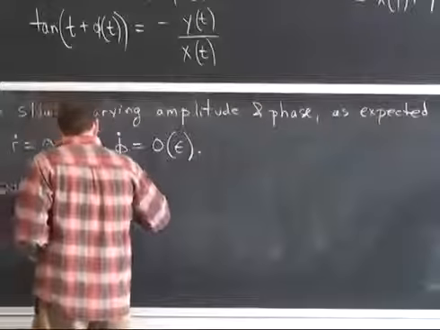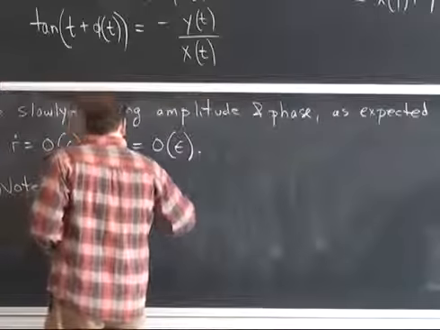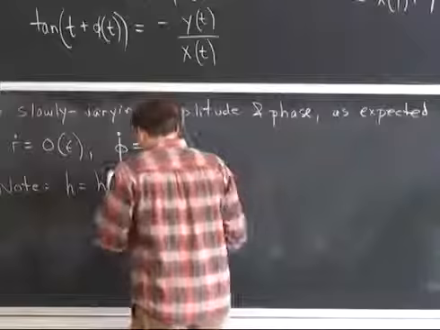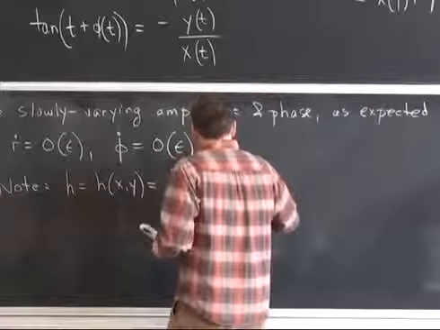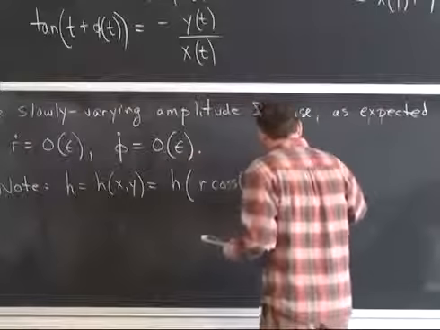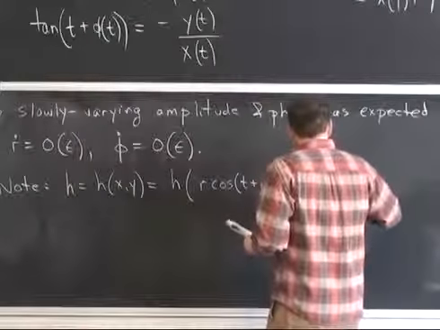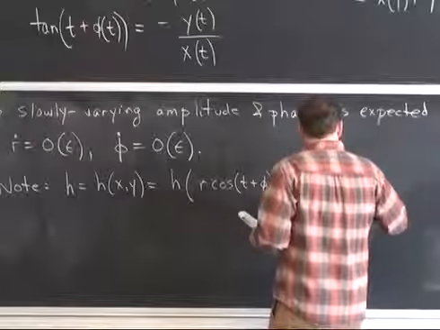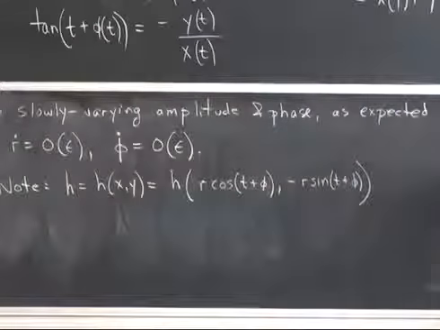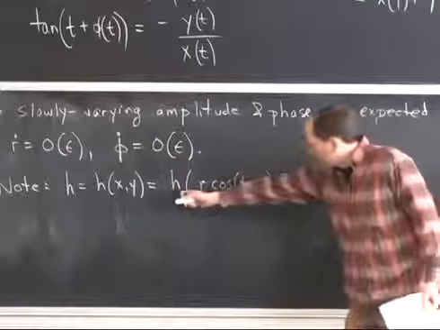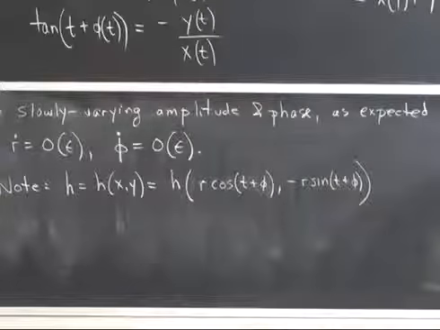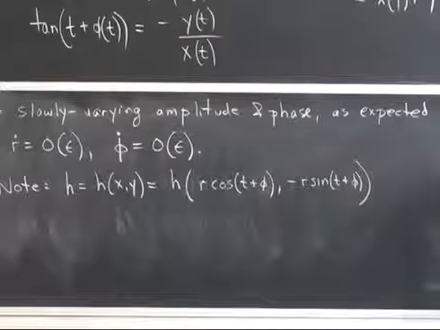H is a function of x and y, which means in these new variables, it's a function of r cosine t plus phi and of negative r sine t plus phi. And so h is explicitly time dependent. It has t right there in it. Right? This is now a non-autonomous term.